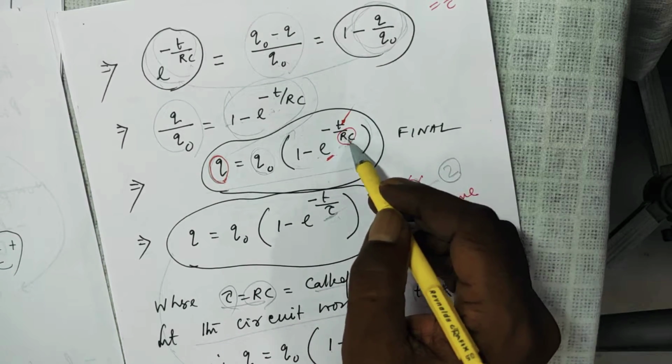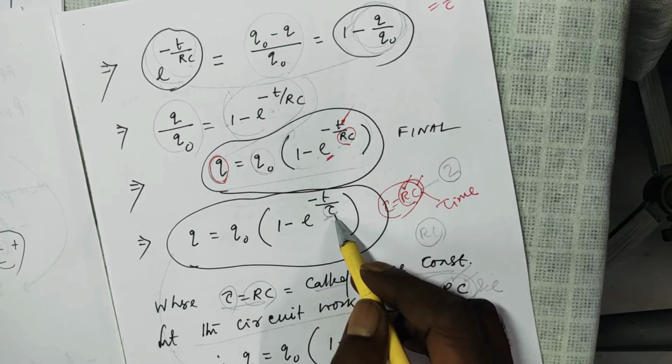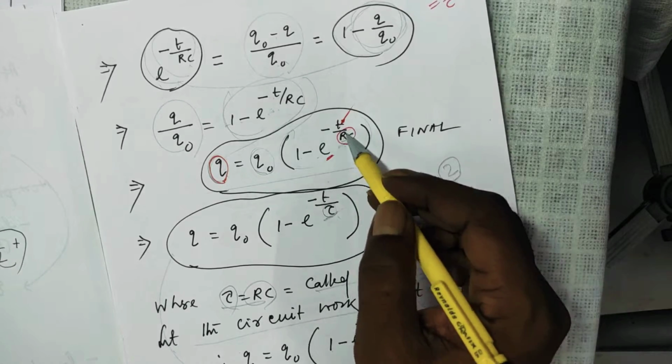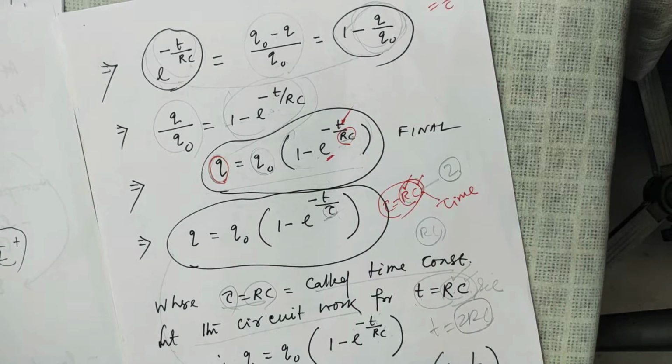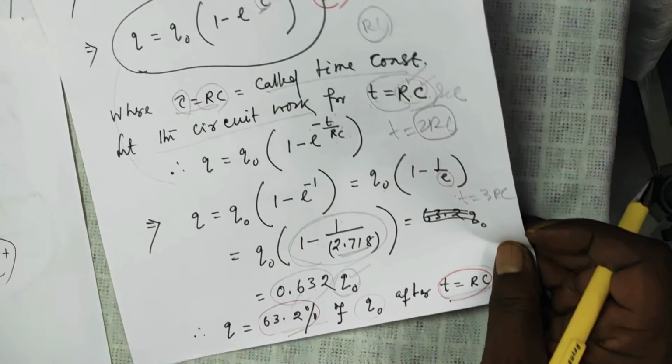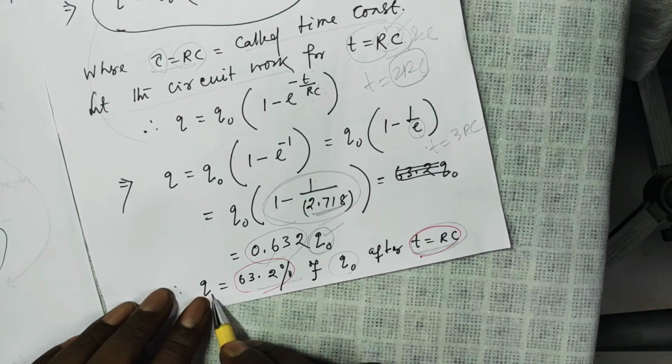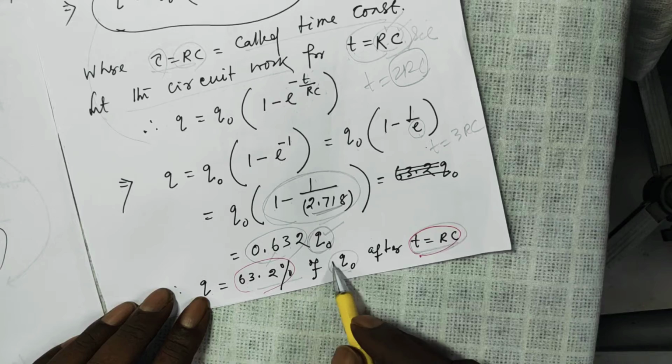And your RC was called the time constant tau. And putting t is equal to RC, we had found out your Q was 63.2% of Q naught.